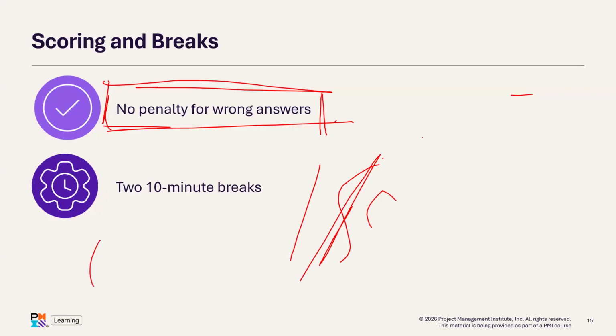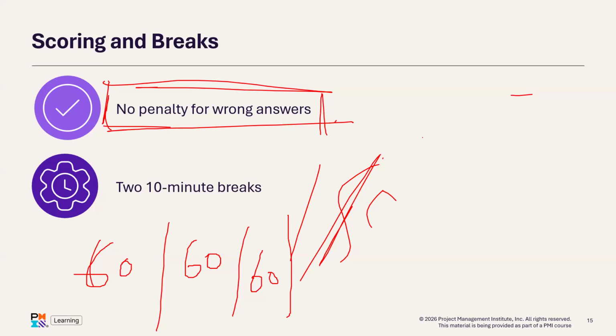So you have 60 questions, you take a break, you come and take the next 60, you take a break, you come and take the next 60. That was the structure until 9 July 2026.